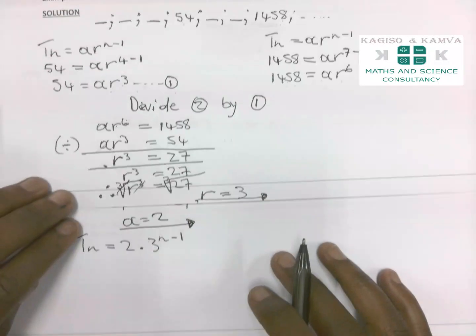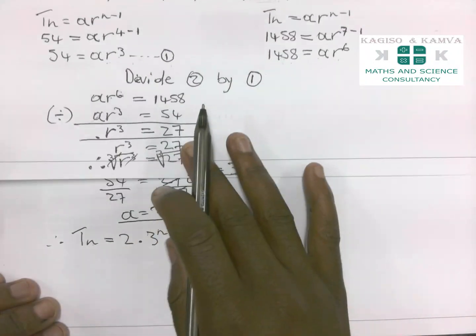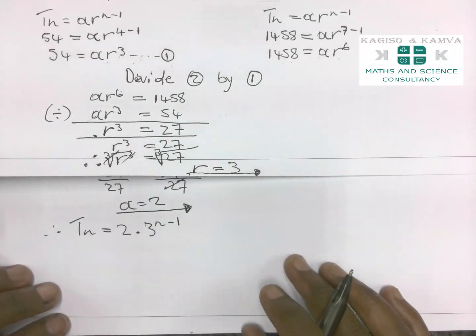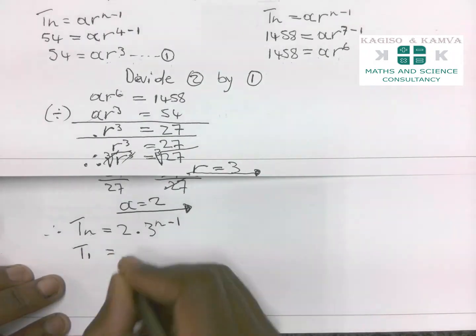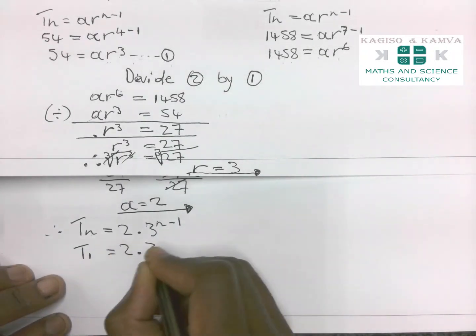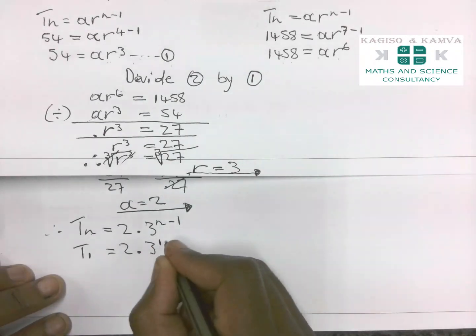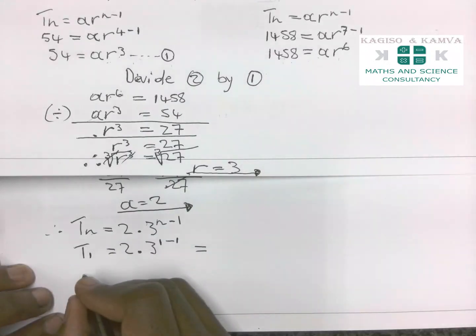Now that we've got Tn, we can simply get term number 1, 2, and 3. T1 is equal to 2 times 3, and we substitute 1 for n, 1 minus 1.